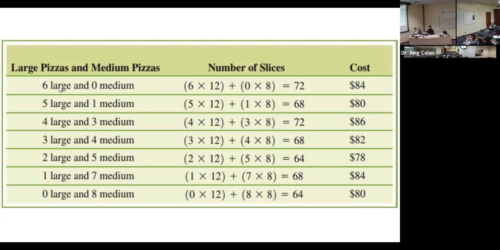Using common sense, if you have 6 large pizzas and you have 72 slices, even if we are disregarding the sizes, these 72 slices are slightly bigger than 4 large and 3 medium pizzas, right? So we have the same number of slices, but sizes are actually similar here, right? And we pay more here. So this is the best option, right?